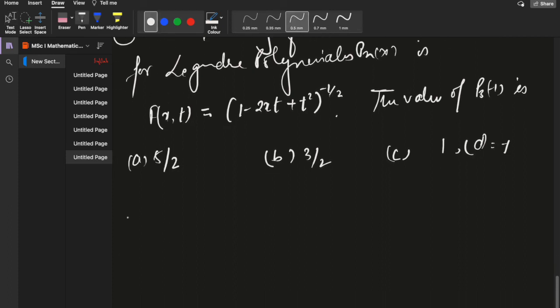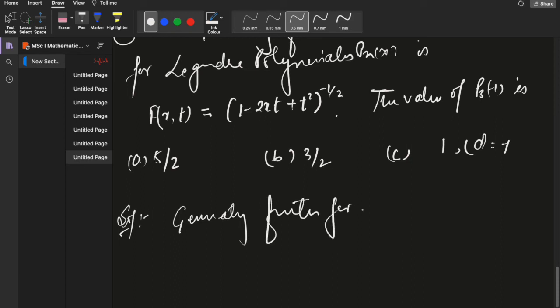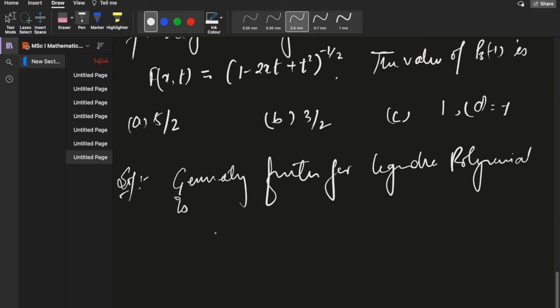We already know the generating function for Legendre polynomial is (1 minus 2xz plus z square) to the power minus half, equal to the summation n tends to 0 to infinity z to the power n P_n(x).